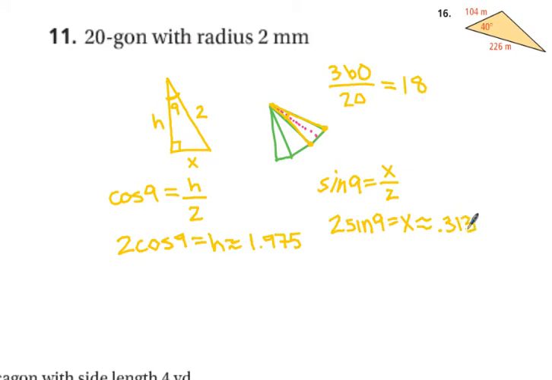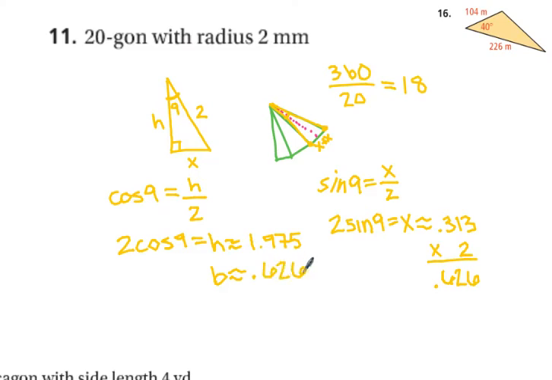We know that this is essentially x plus x to find our actual base, so the base is approximately double what this x value is. If I multiply this by 2, we'll end up with 0.626.